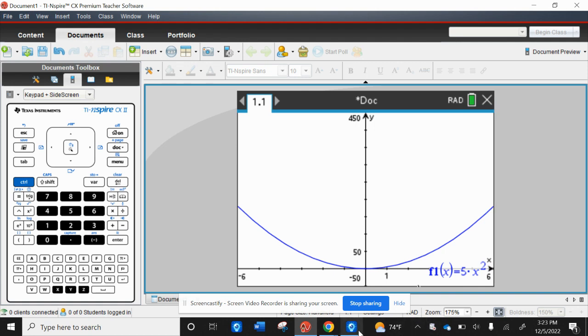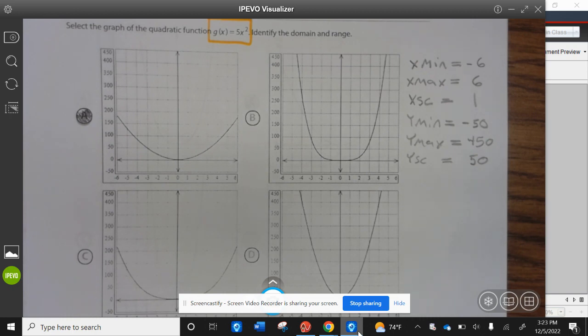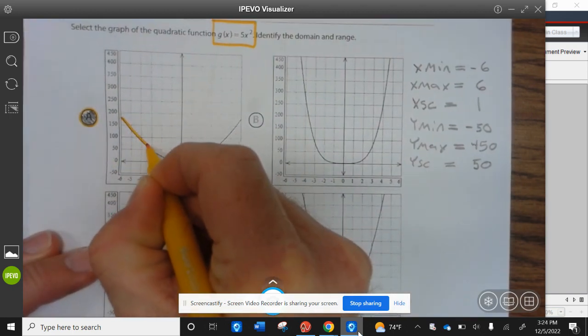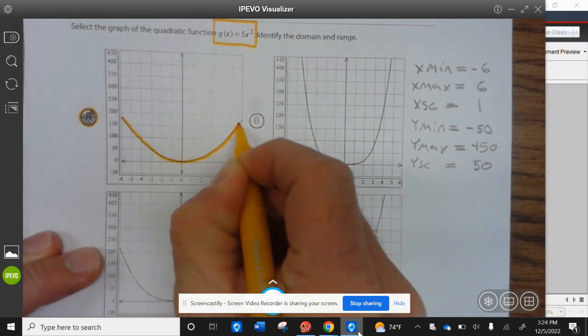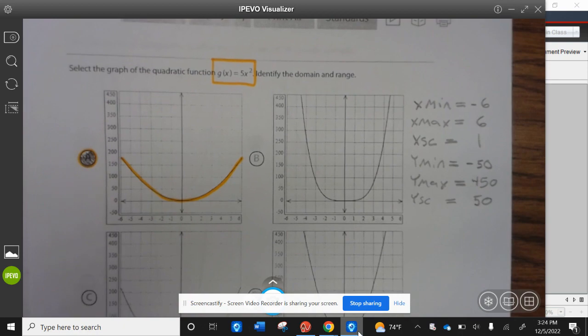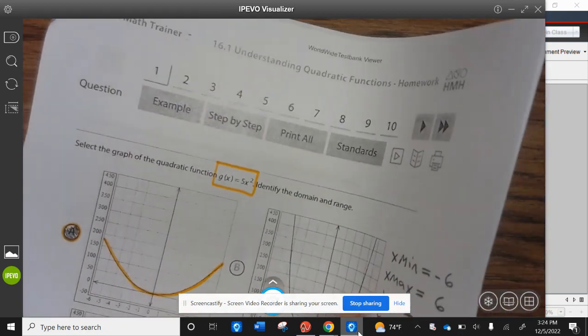And then you can see that this graph best matches answer choice A. All right, let's go on to the next example.